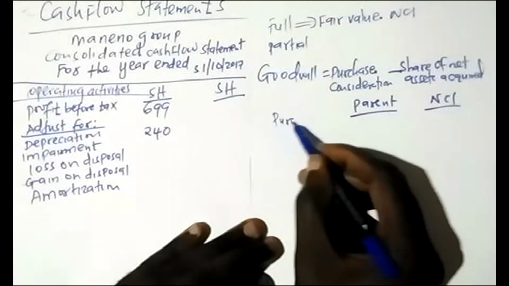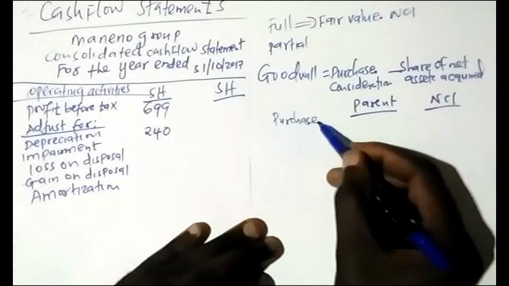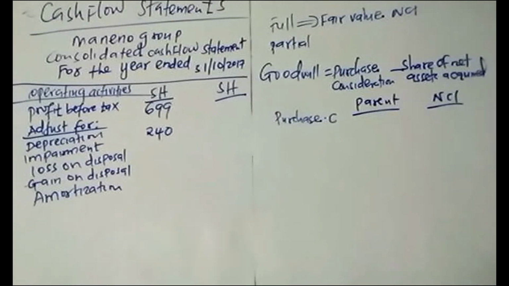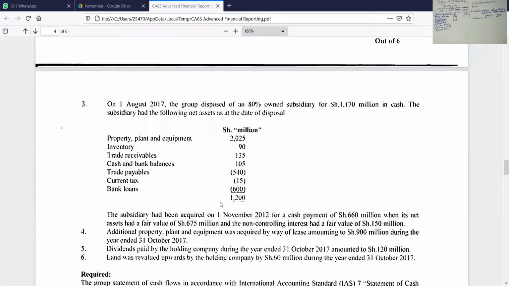Since I've said that we start with purchase consideration, according to Note 3, when this subsidiary was acquired, they paid a cash of 660. So the subsidiary had been acquired on 1st November 2012 for a cash payment of 660.